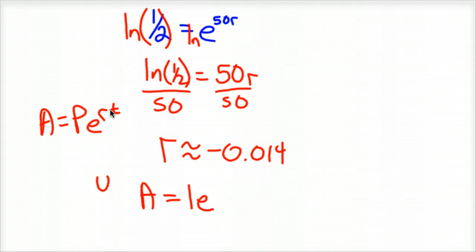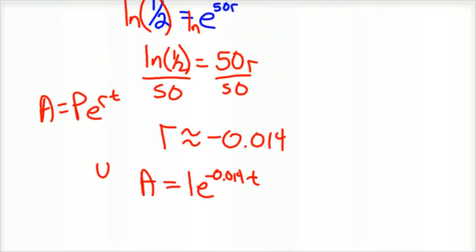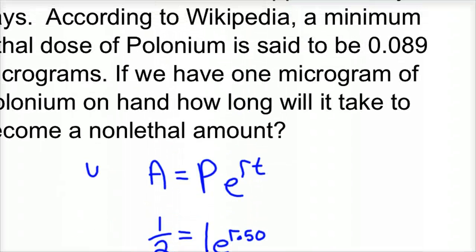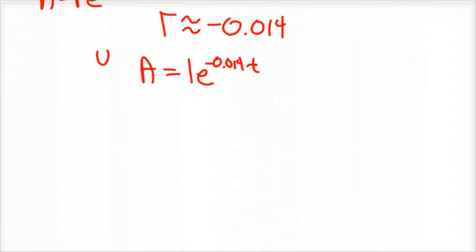So amount equals 1 e to the, instead of r now, we've got negative 0.014, and then times t, however many days, and t is in days, so keep that in mind, not years anymore. And we want to end up with the non-lethal, something below that 0.089 number. So that's the amount we have to be below.